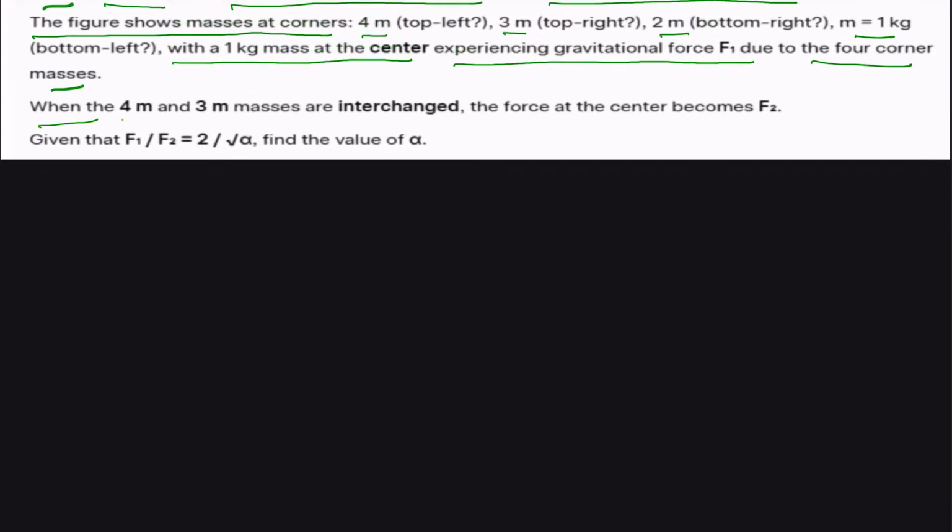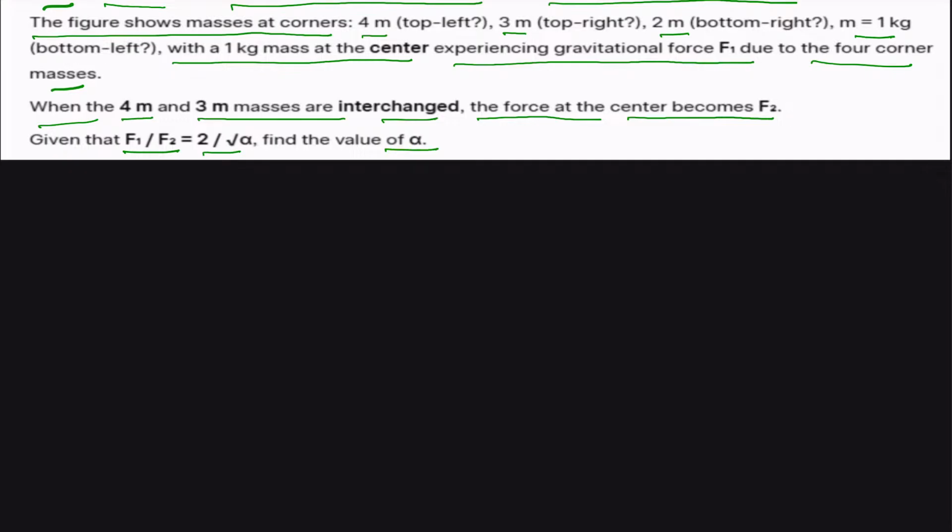When 4m and 3m masses are interchanged, the force at the center becomes F2. It's given that the ratio of F1 by F2 is 2 square root of alpha. We have to find out the value of alpha.